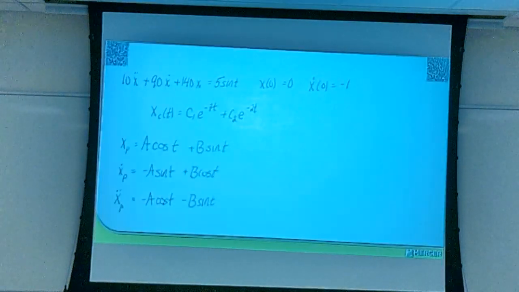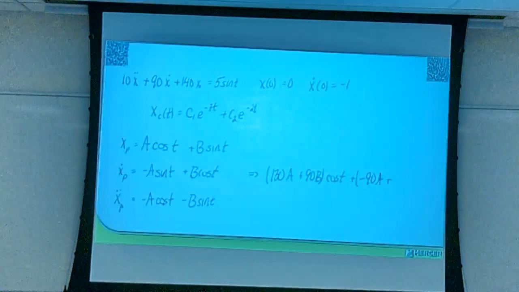Then we're going to need to plug those into the original. They're going to save you the headache, the algebra. When you do that, we should get 130a plus 90b times cosine plus negative 90a plus 130b sine. That has to equal 5 sine of t.